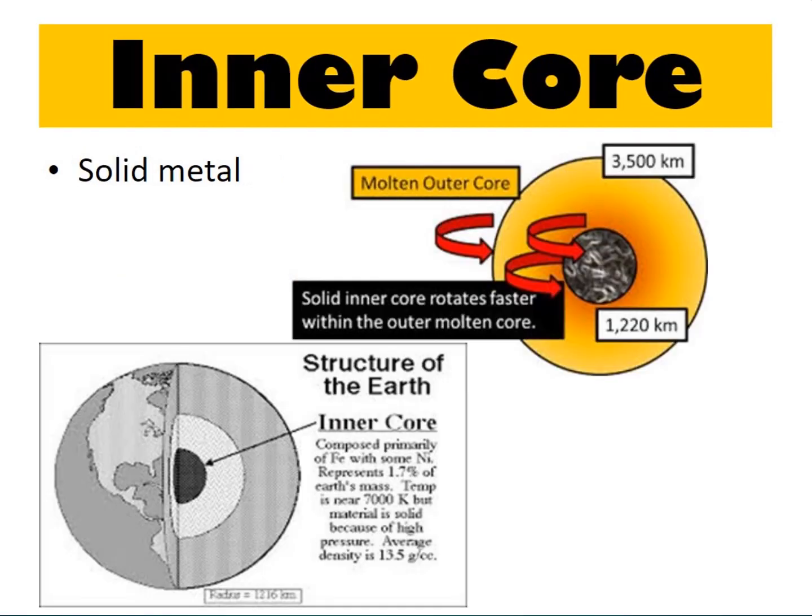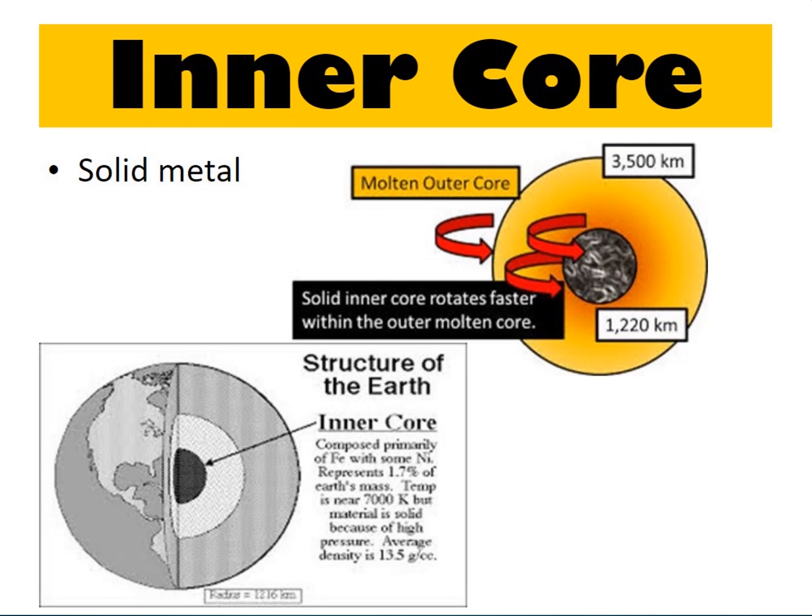The inner core is the solid metal. The solid inner core rotates faster within the outer molten core. So you see, as we discussed, the hottest part of the Earth is in the core.